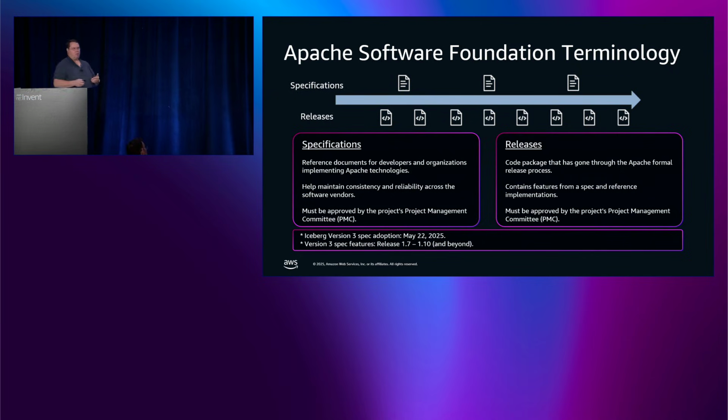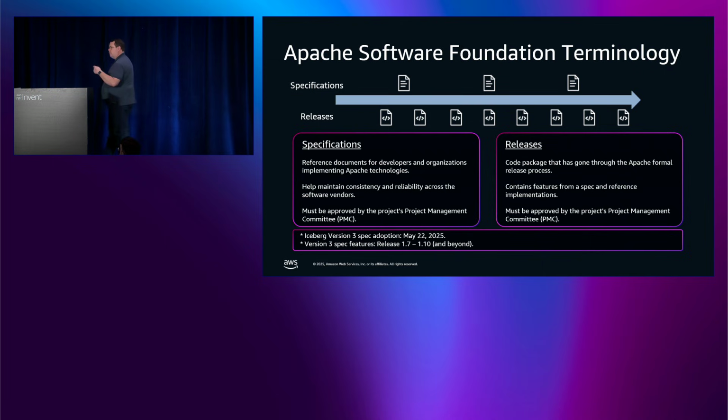This is more important, I believe, in the Iceberg space, where interoperability is really the golden ticket of why Iceberg has gained so much popularity. You have multiple vendors implementing. You want to make sure you're adhering to a spec so that you can have that single copy of data and use a bunch of different compute engines on top of that data. So specifications are just that contract.